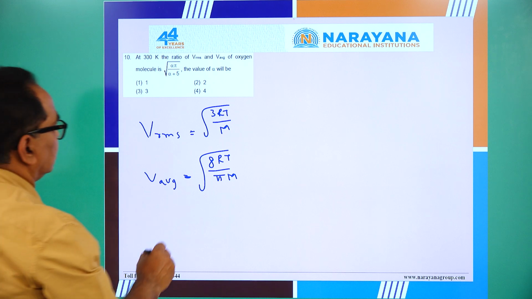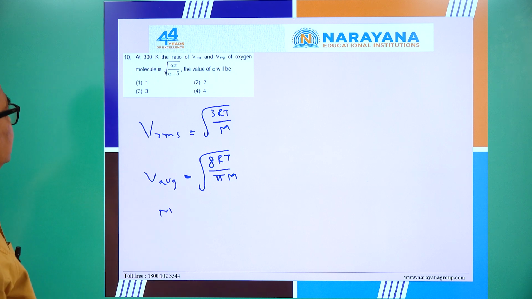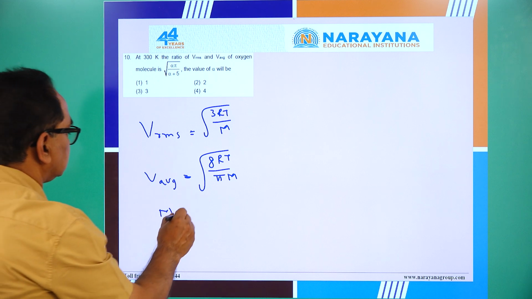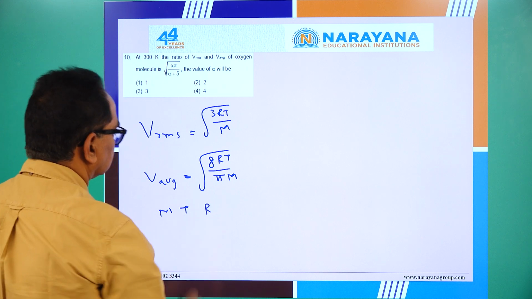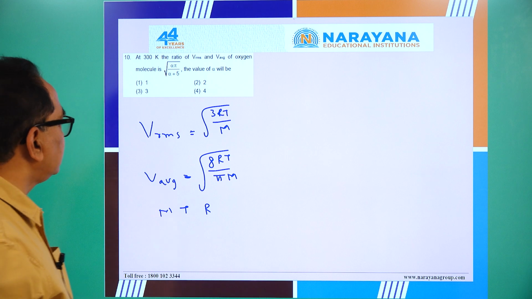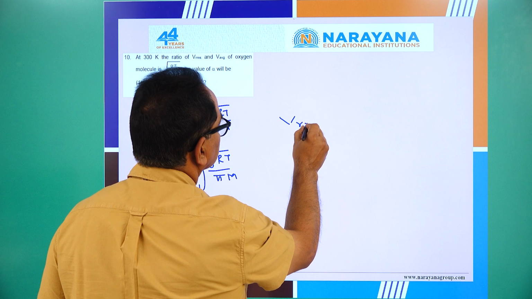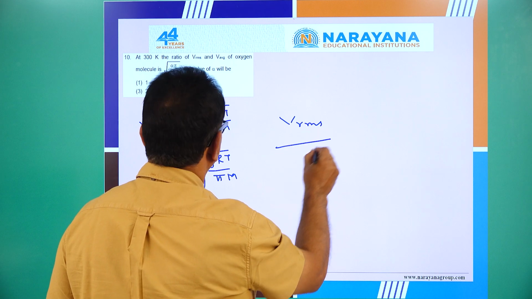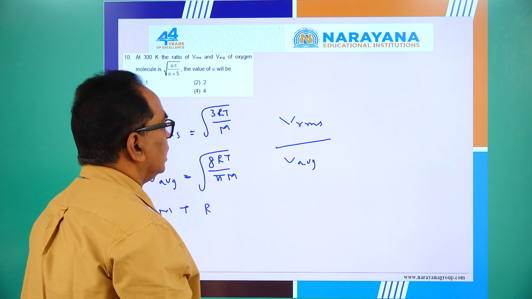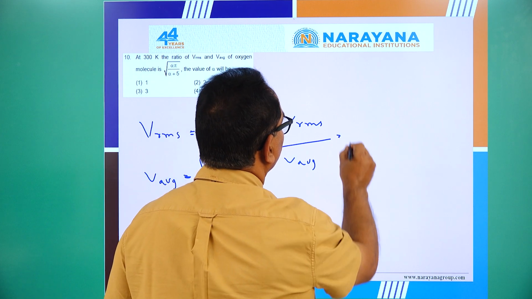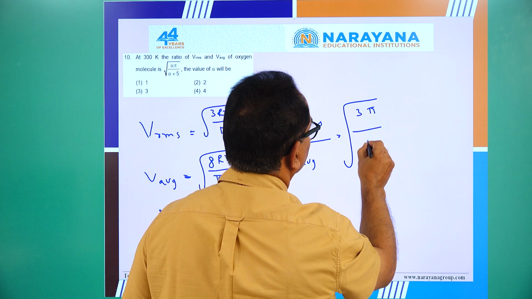Here M is constant, temperature is also constant, R is also constant. When you take the ratio V RMS by V average, it will be square root of 3 pi by 8.